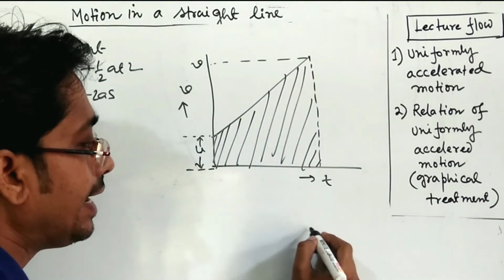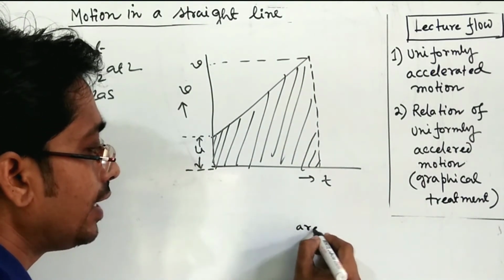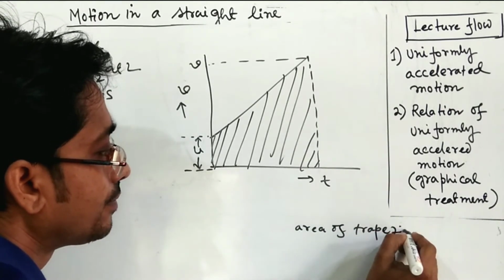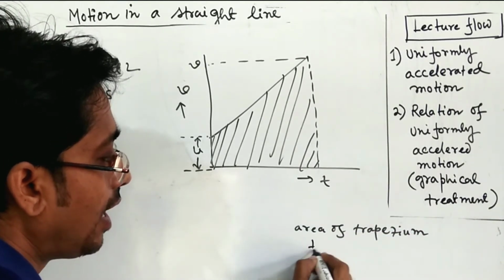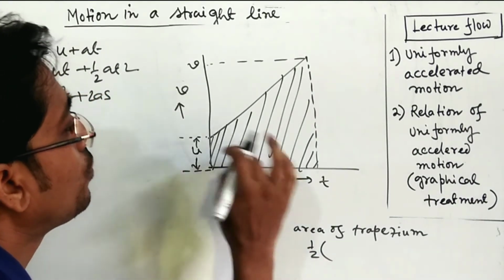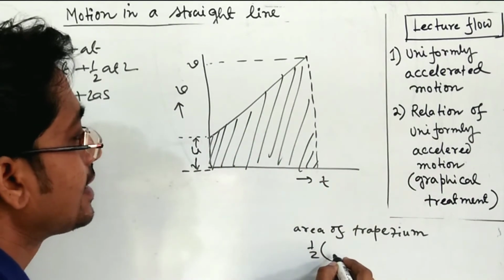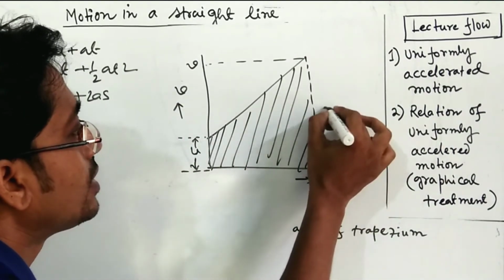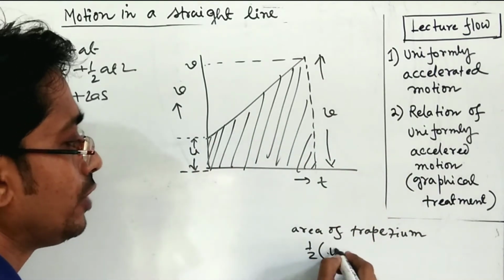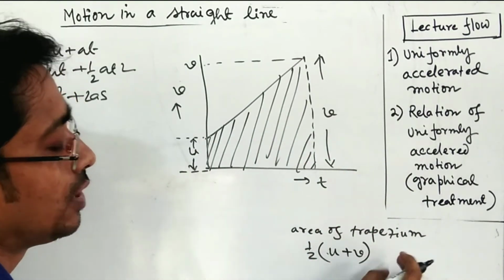We know the formula for the area of a trapezium: half of the sum of the two parallel sides. Suppose here the parallel sides are this one v and this one u. So u plus v into the height.